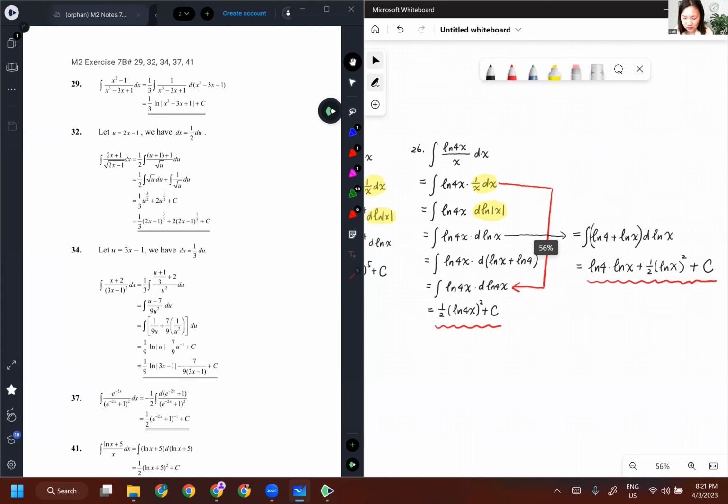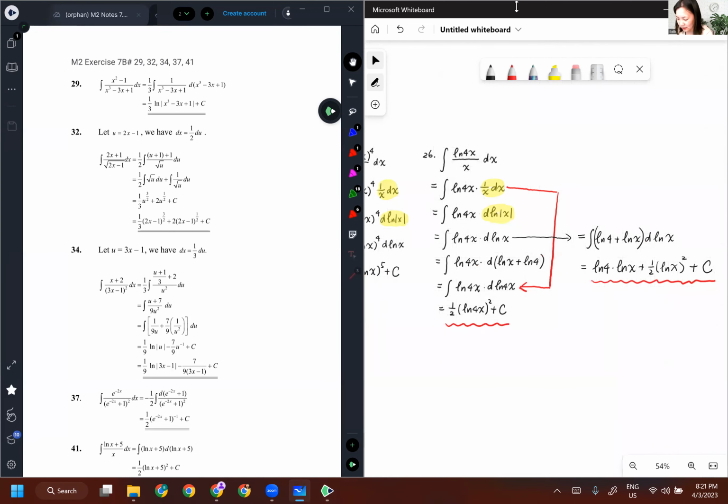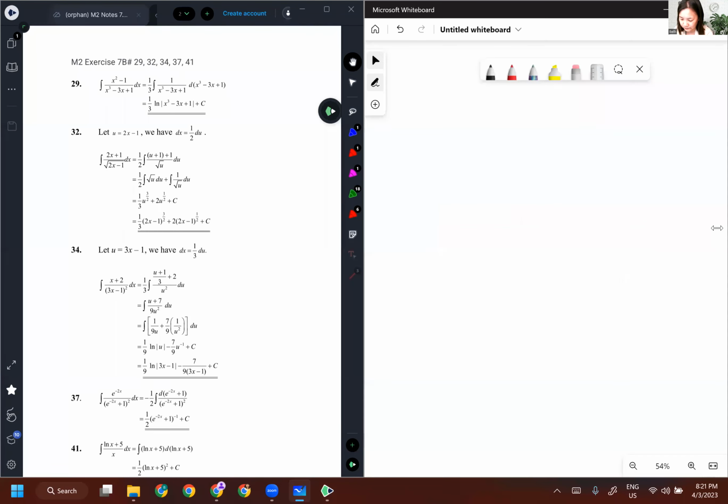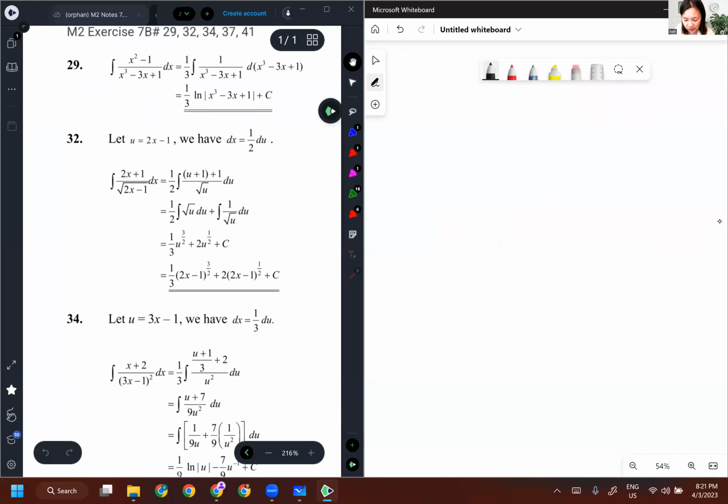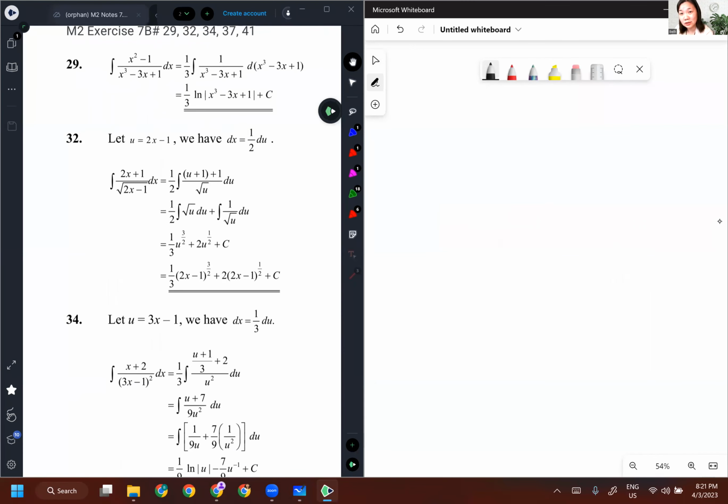So let me show you again what should be done. In my standard solution, I show you the way of using the variable u. I think it's easier to use the variable u in this case, because otherwise you have to do a lot of arrangements.